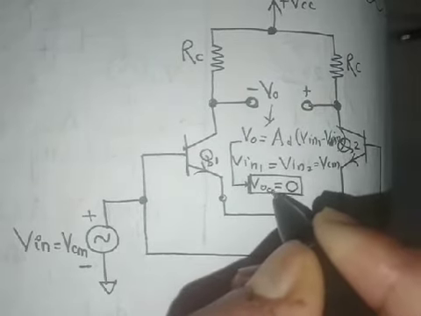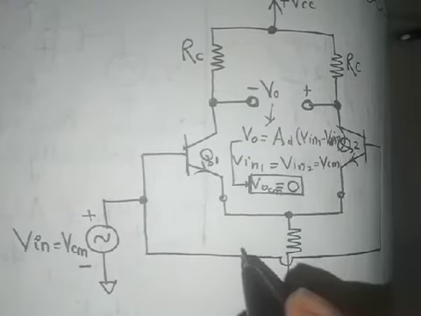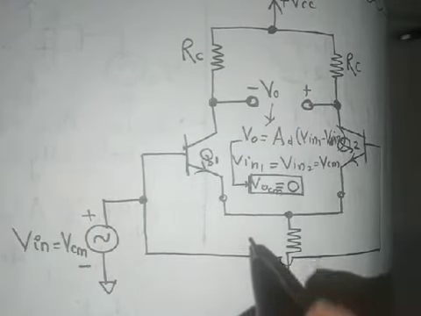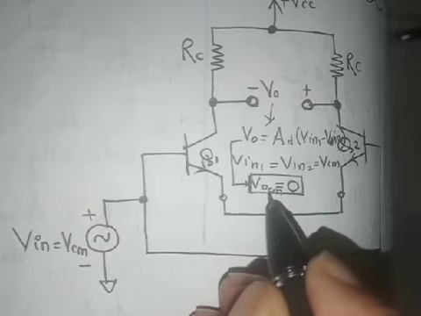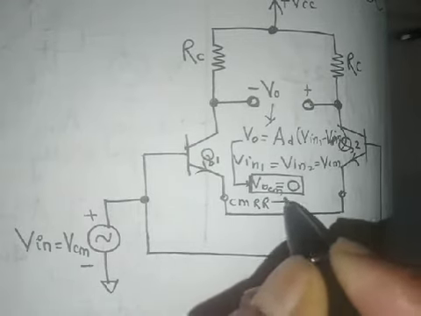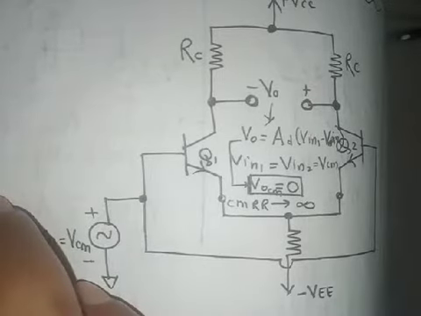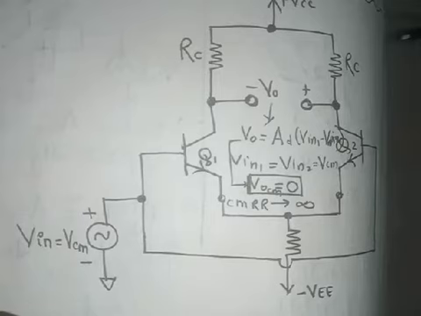When the output is exactly equal to 0, this shows the highest common mode rejection ratio. This shows that CMRR of your differential amplifier is approximately equal to infinity, or very, very high.